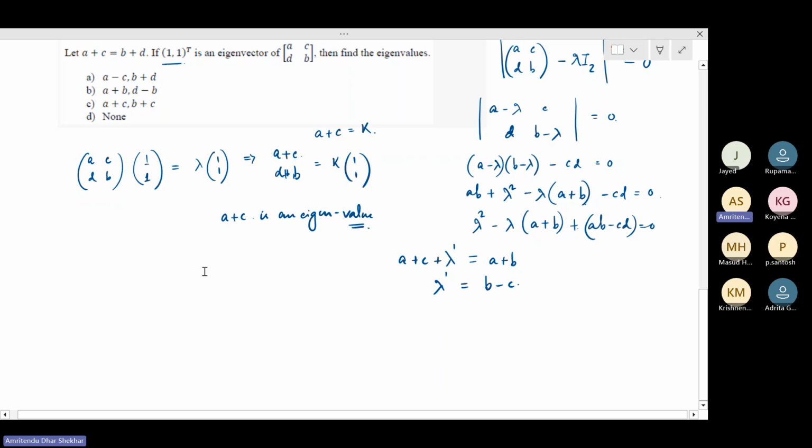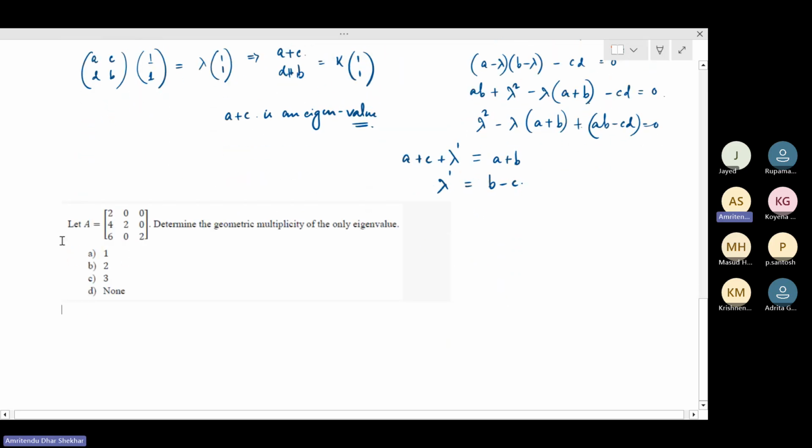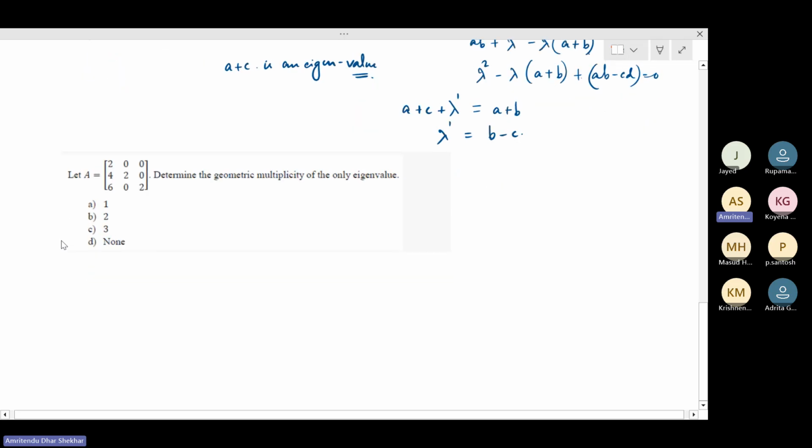Right. So this is an example of a matrix where the geometric multiplicity and the algebraic multiplicity are not going to be the same. If you consider this matrix A, then the characteristic equation reads (lambda minus 2) cubed equal to 0.